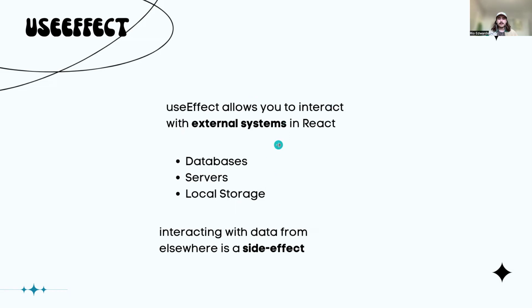If we pass in the same props to a React component, we would expect the React component to return the same JSX every single time. But useEffect will actually mean this component is dependent on some external system, whether that's a database or the internet, like a server or whatever. So useEffect allows you to basically interact with some external system.